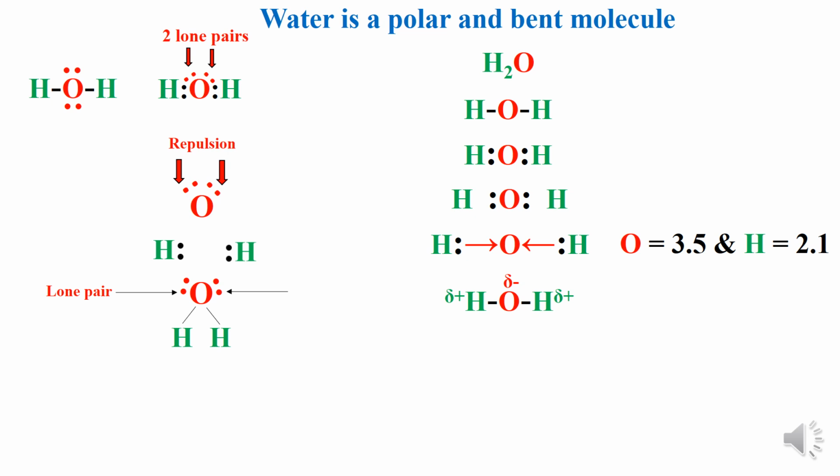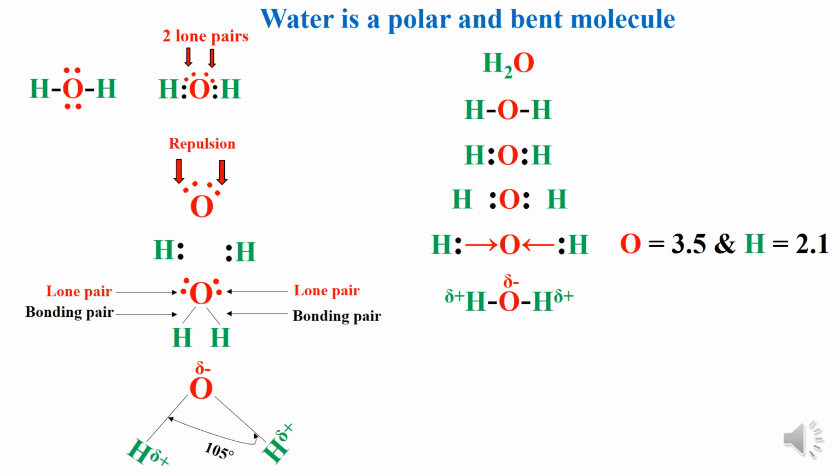So the oxygen atom has two lone pairs of electrons, and you can see the two bonding pairs of electrons as two solid lines connecting the oxygen atom to the two hydrogen atoms. And that is how water has taken the shape of a bent molecule.